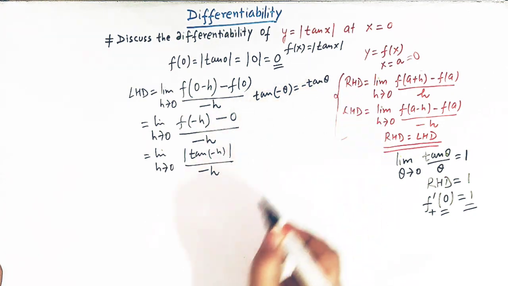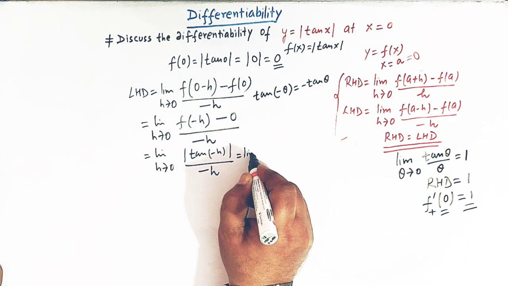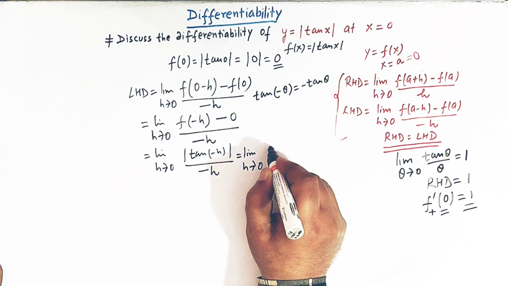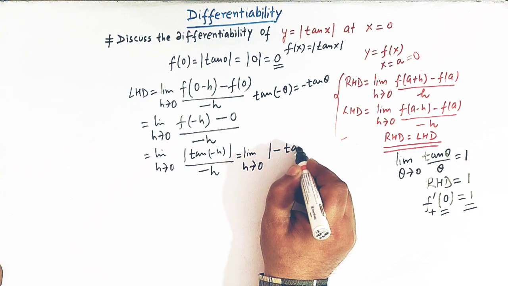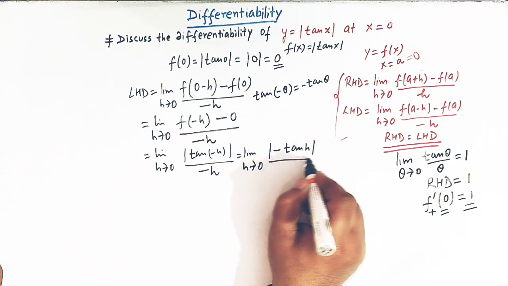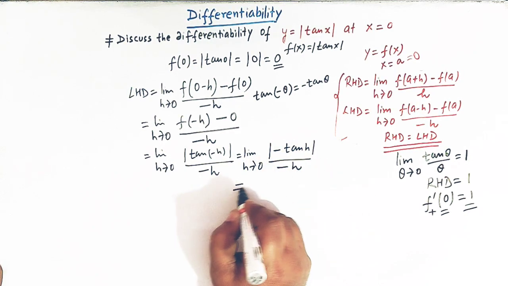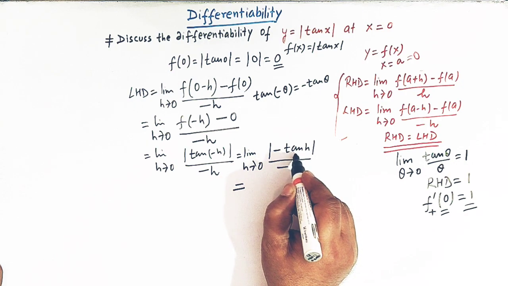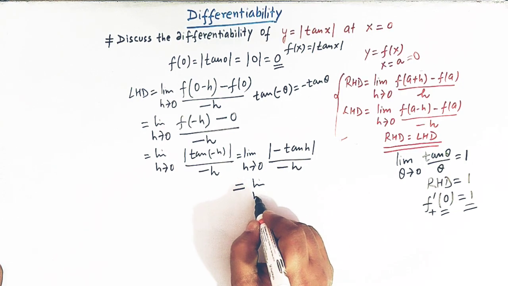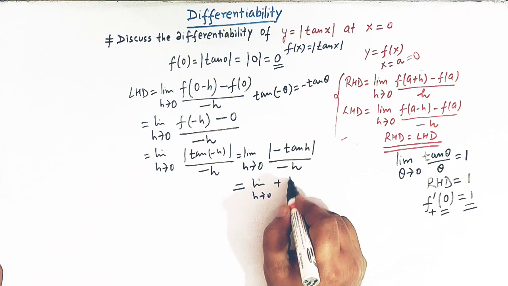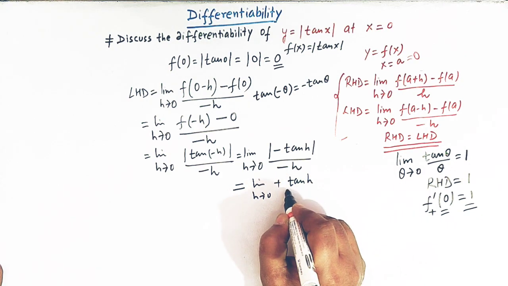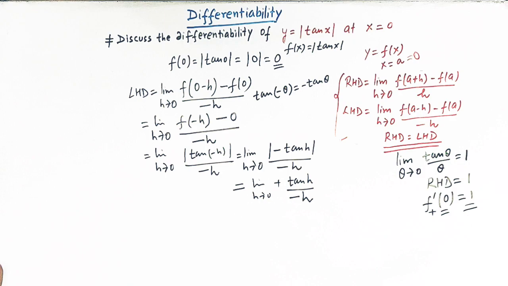So we have the limit h tends to 0 of mod of minus tan h divided by minus h. Now mod of minus tan h is positive tan h, so we have tan h over minus h.